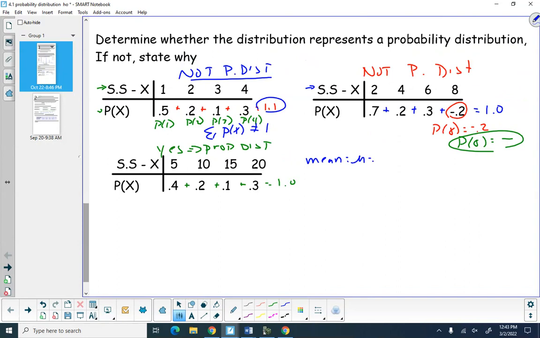So we have 5 times 0.4 plus 10 times 0.2 plus 15 times 0.1 plus 20 times 0.3.